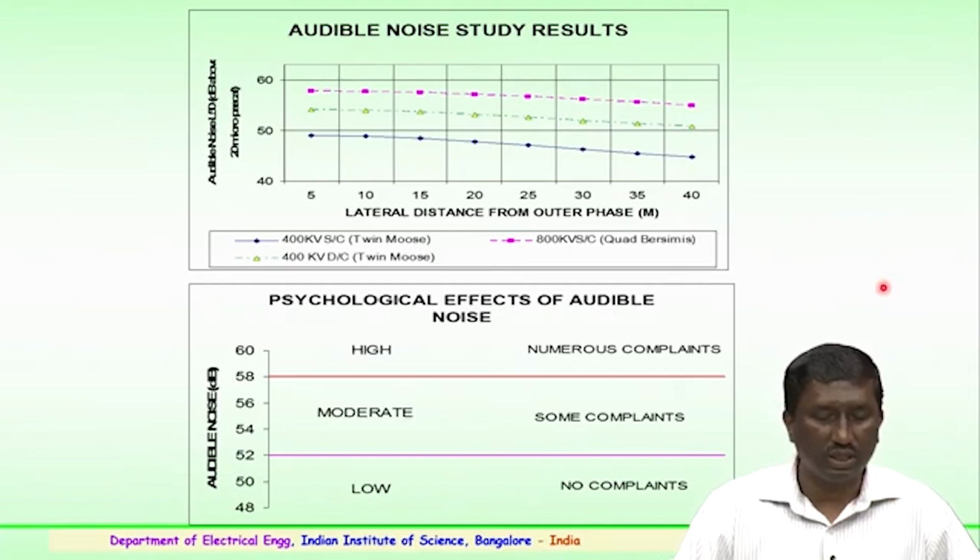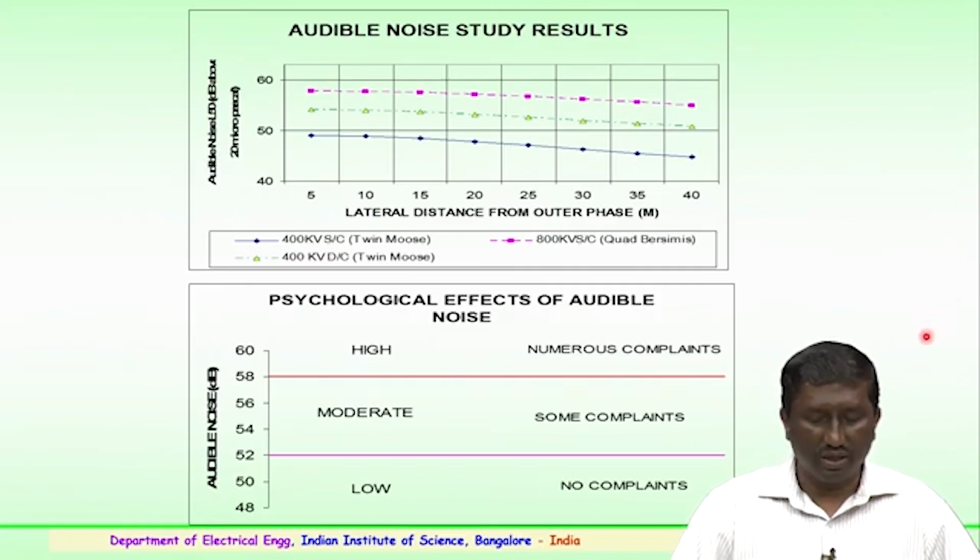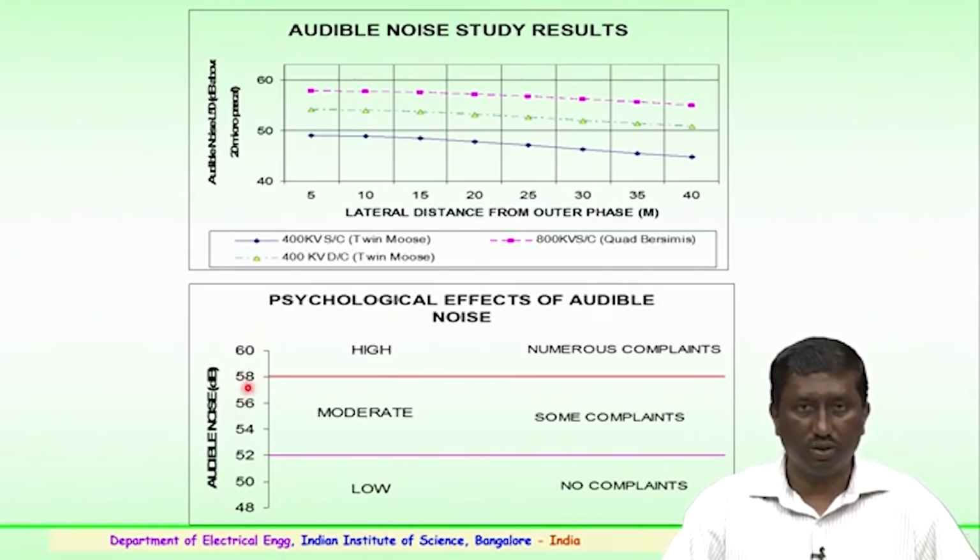So, as the distance increases, the noise level also decreases. The psychological effects, similar to the earlier electric field: audible noise also has a psychological effect on humans and animals.